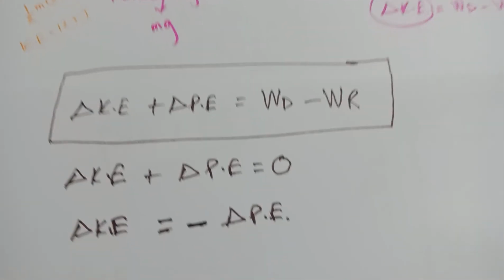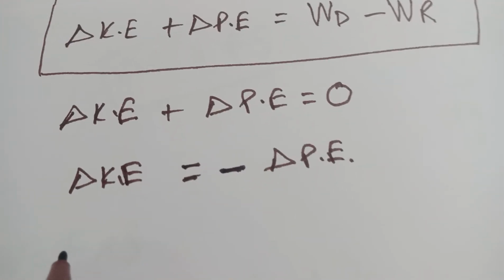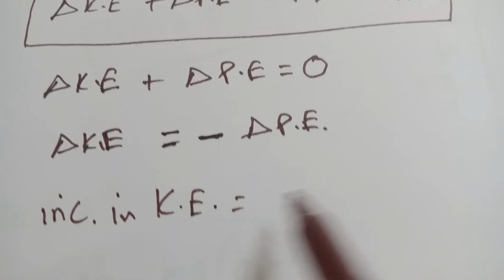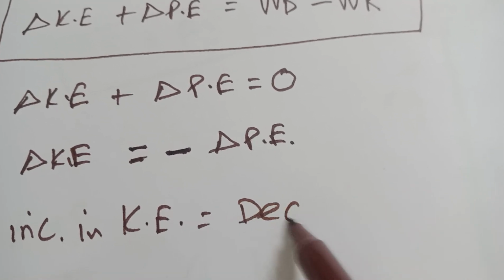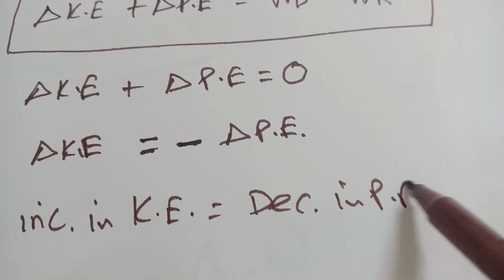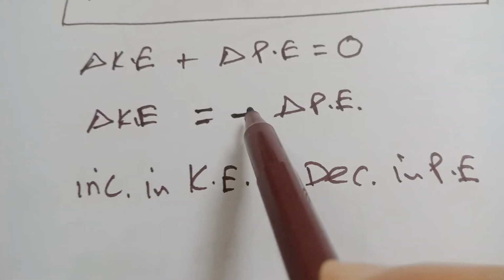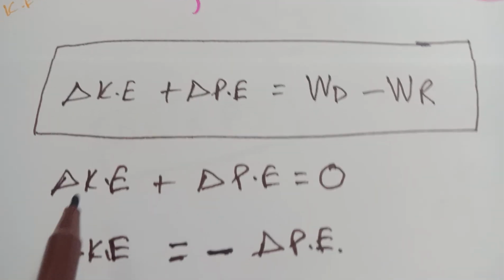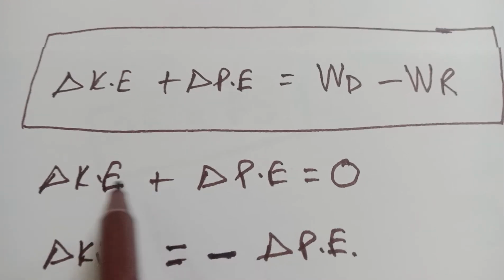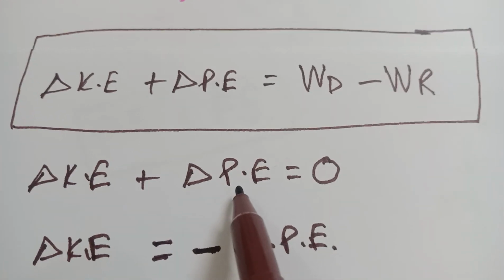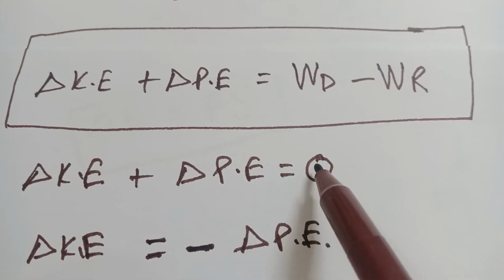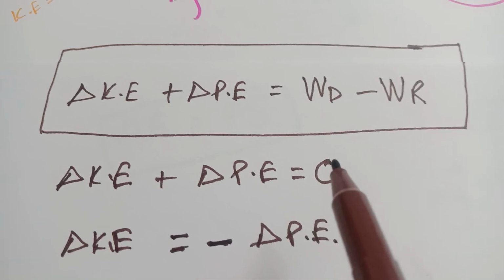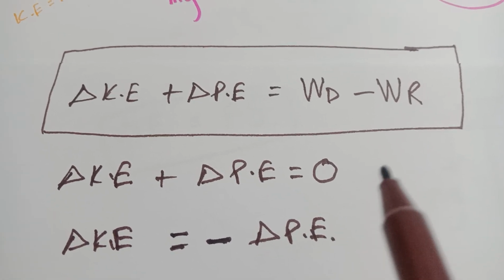So we can say from this that the increase in kinetic energy is going to be equal to the decrease in potential energy. You see that this minus sign is justified here. So if you take this to the left hand side, the sum of the kinetic energy and the potential energy will always be 0. If it is not equal to 0, then it means there is definitely another force involved here.